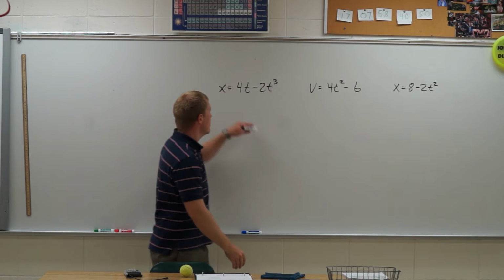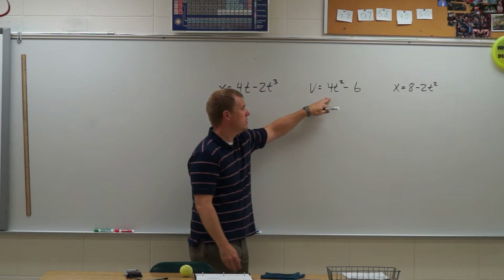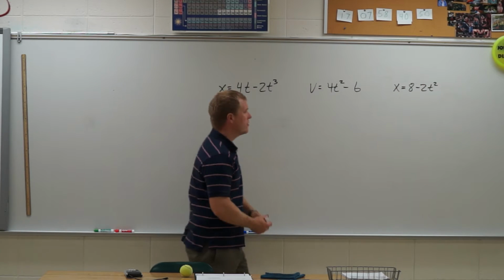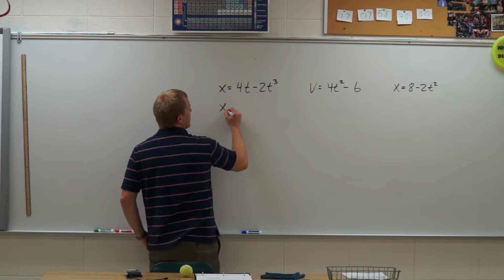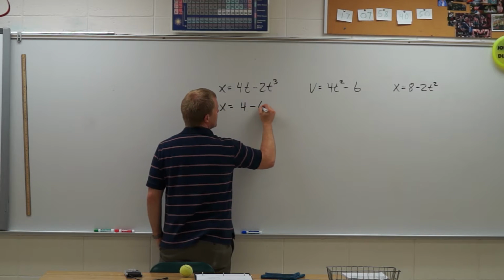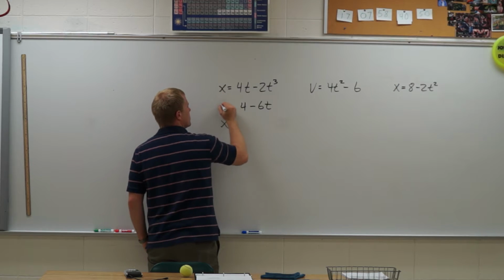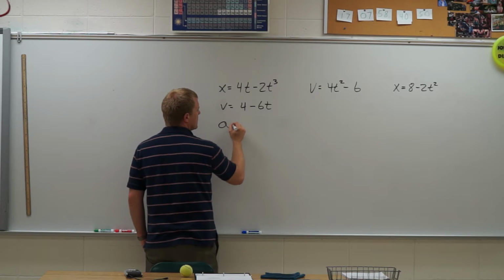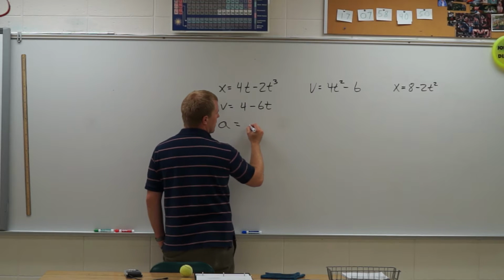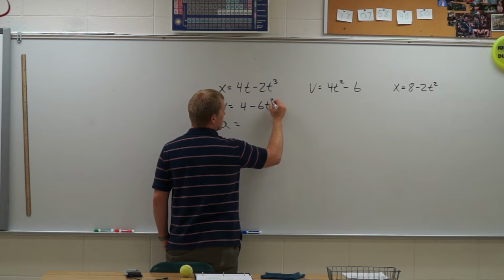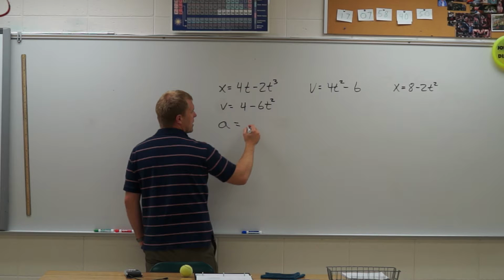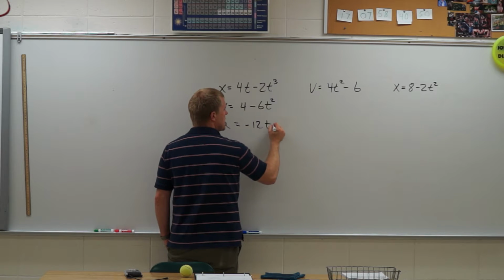So just take the derivative of this one twice, this one once, this one twice to get to our acceleration, see what we get. So dx/dt is 4 minus 6t squared, so we'll just call it v. And then this is a, and then we get minus 12t here.